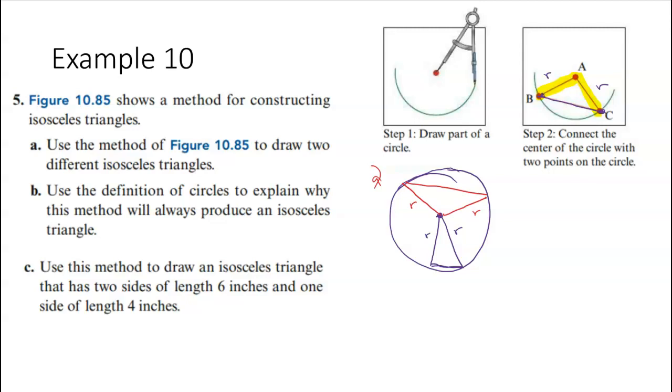So now it wants me to draw an isosceles triangle that has 2 sides length 6 inches and 1 side length 4. So what I would do is if I want 2 sides that are length 6, what this is saying is I need a radius of 6 inches. So let's just say this is a scale, 1, 2, 3, 4, 5, 6. And then that would be my center, 1, 2, 3, 4, 5, 6. And so that would be my radius.